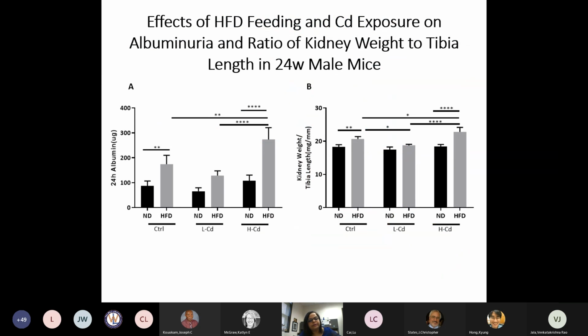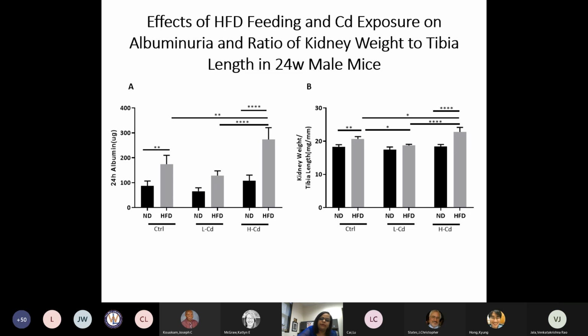What we see here is that urine albumin is increased in mice that were treated with high-fat diet alone, and high-fat diet plus high cadmium significantly exacerbated this response compared to high-fat diet alone, and this was significantly decreased by low cadmium exposure in mice on high-fat diet.